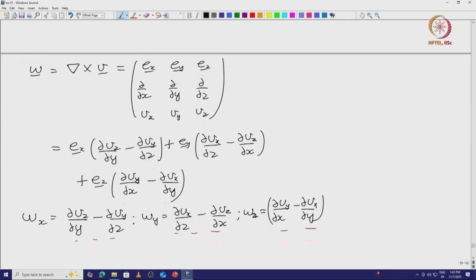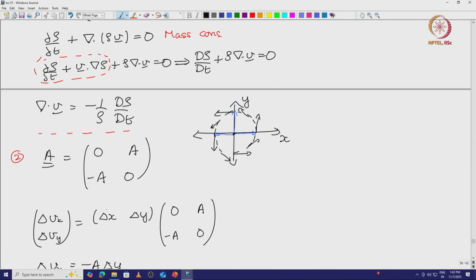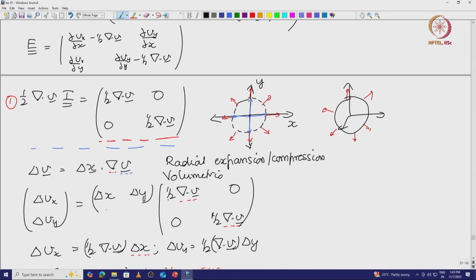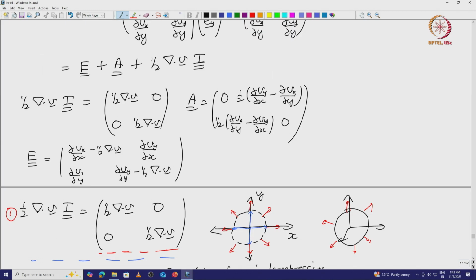So, in my initial expression, I had separated out the rate of deformation tensor into 3 parts: the isotropic, the symmetric traceless and the antisymmetric. I had shown you the isotropic part represents the volumetric expansion or compression, and this involves a change in density.